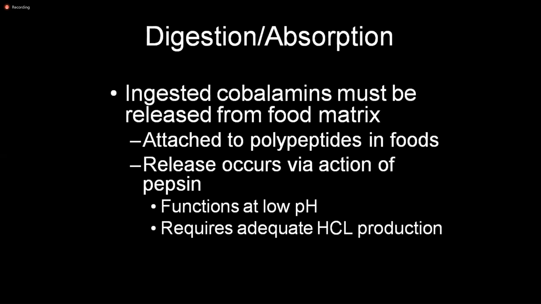Normally, vitamin B12 is found in proteinous food, so it is required to degrade protein or liberate the vitamin B12 from protein. For this, acidic pH is very helpful, and the acidic pH is due to HCl, and also the pepsin will help to degrade protein or separate protein from this vitamin B12.